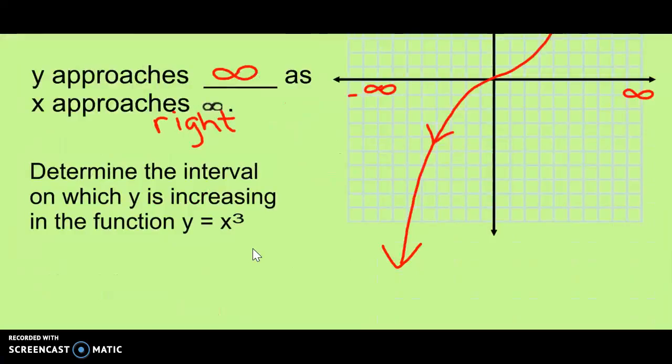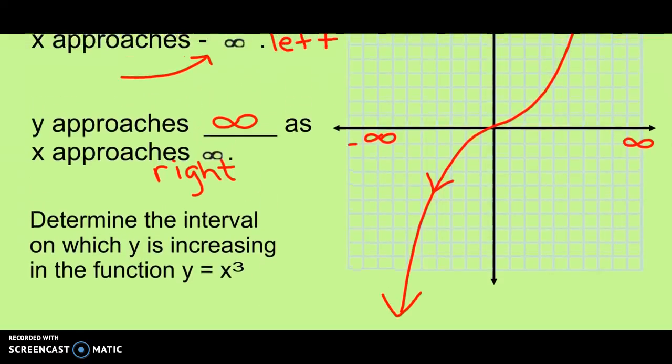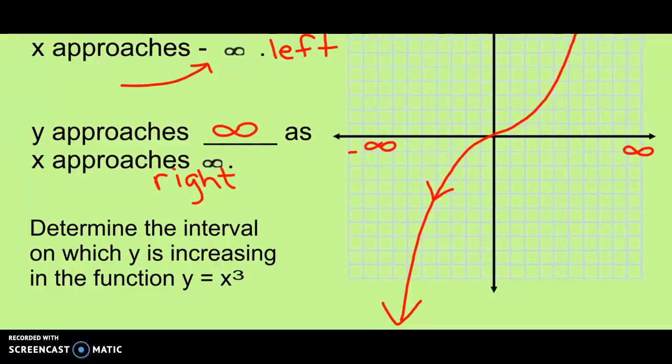Okay, and the last thing that we're going to talk about right here on this screen is the new thing, the interval in which y is increasing. So when y is increasing, where is y increasing? Well, we're just trying to figure out where is it going up, and we always do it from left to right.